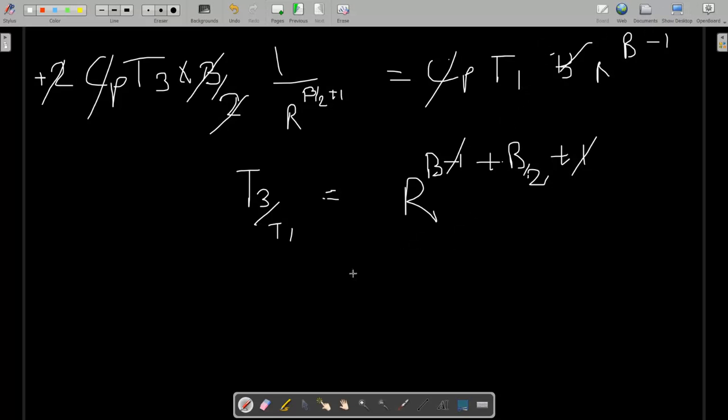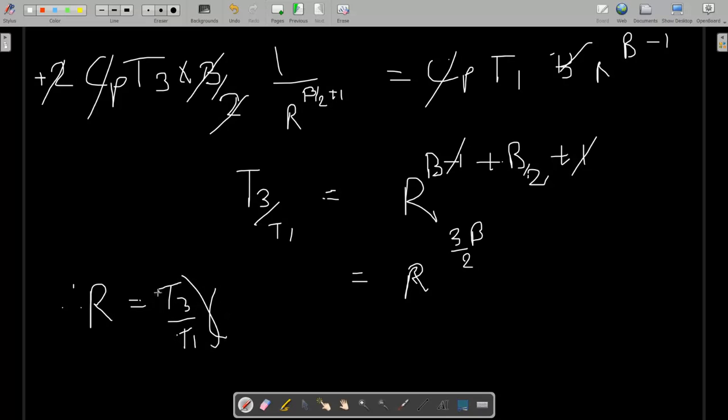So B plus B by 2, that is R power 3B by 2. When this power goes to the left side, we have R is equal to T3 by T1 to the power 2 by 3B.